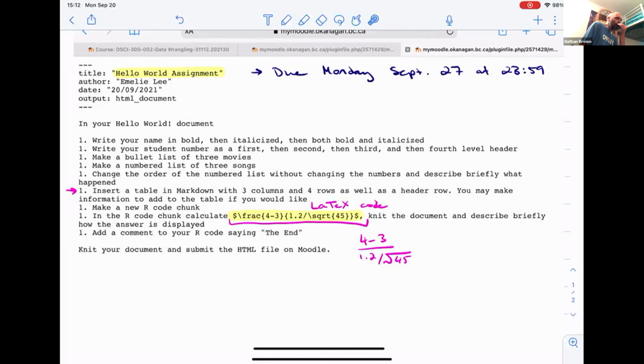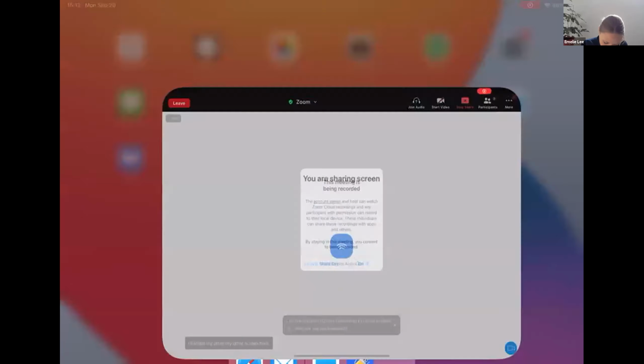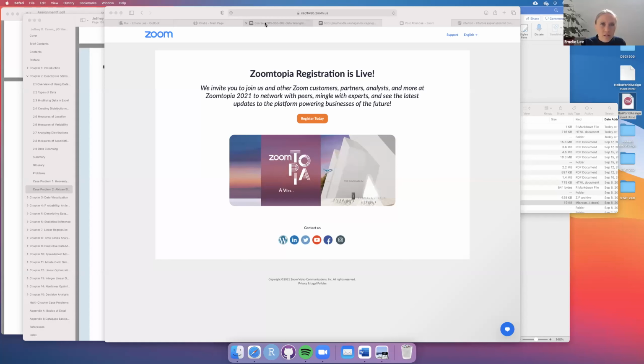Open a new R Markdown or R script. I'll share my other screen here. Let's see here. How do I get back here? Got it. Stop this share. Start this share. Okay.